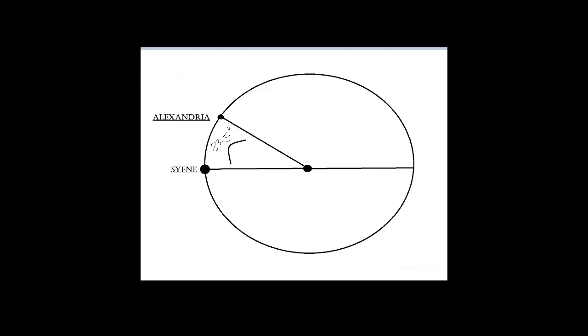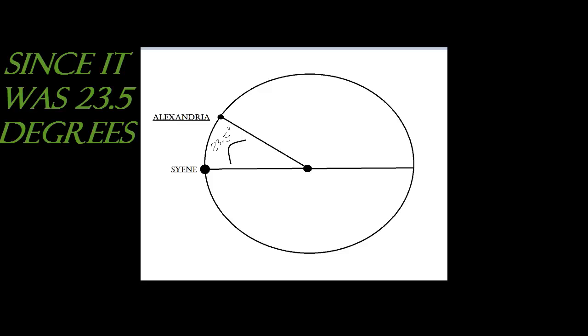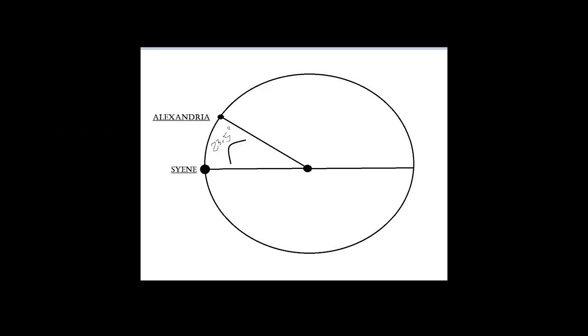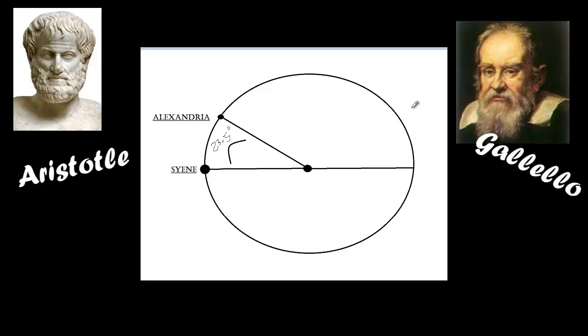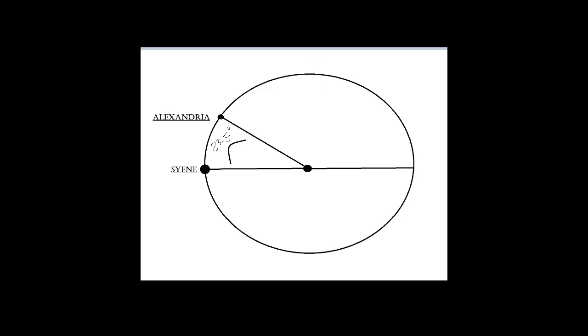So what that meant to him is, since it was 23.5 degrees, he also knew at the time, because of all the great philosophers and astronomers back then, that the Earth on its axis is tilted 23.5 degrees as well.